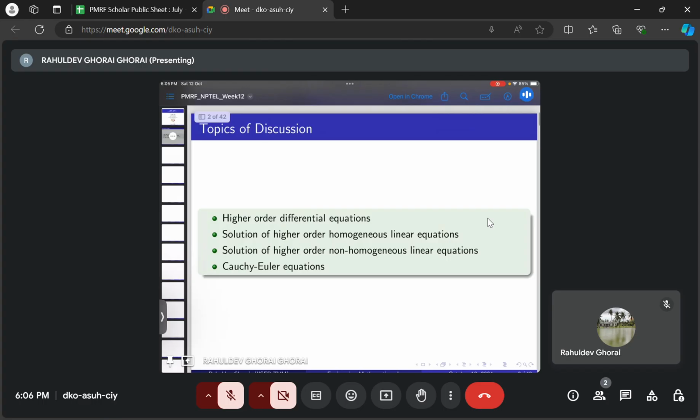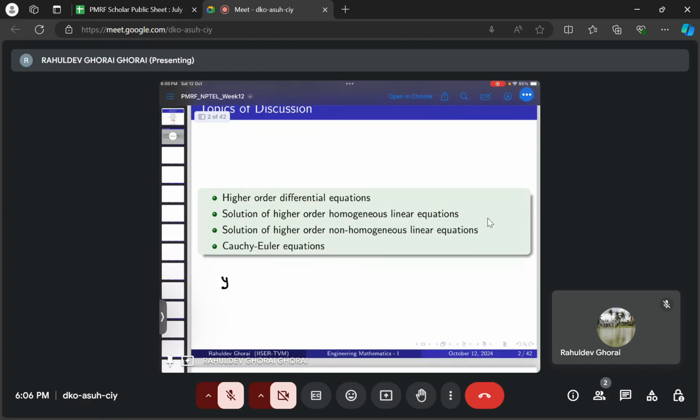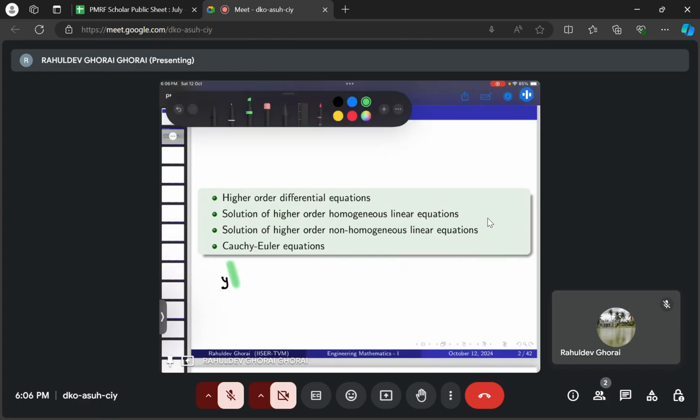So how does it look? y^(n), where y is the unknown variable, and the n means you take the derivative of y n times with respect to the variable x.